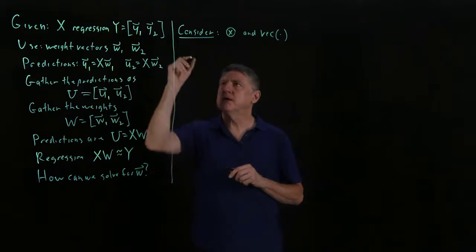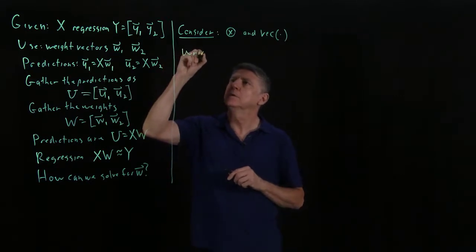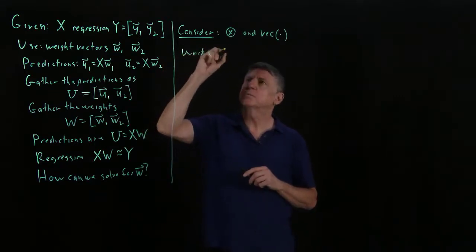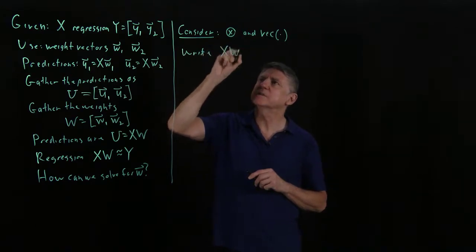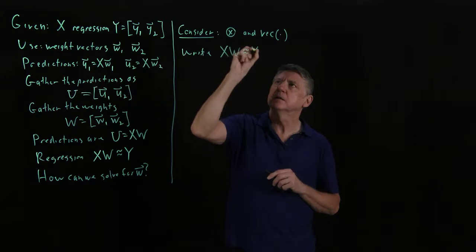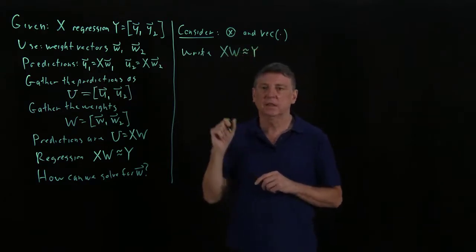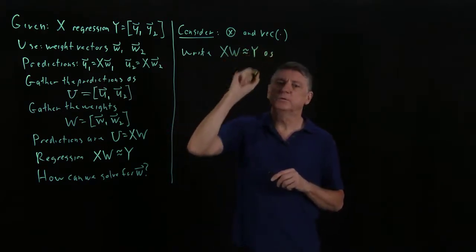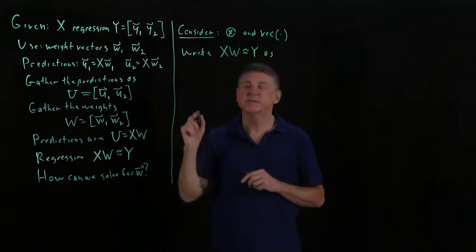So we could write this problem of the design matrix times the unknown weight matrix being approximately the regression, and we could rewrite using the Kronecker vectorization theorem.